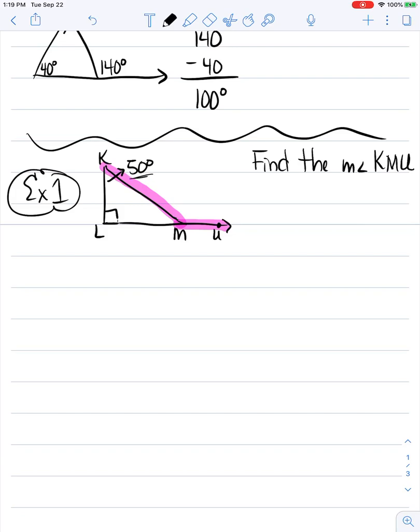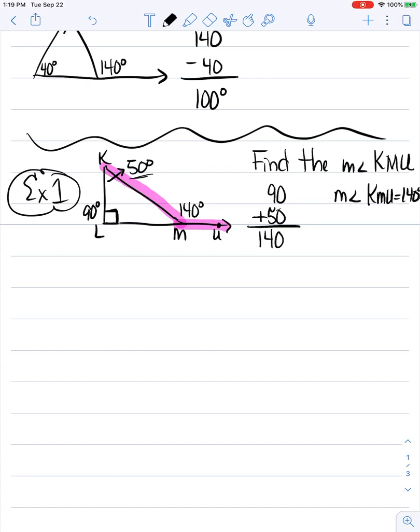They say this one is 50. And what does that block mean? Remember, that means that's 90 degrees. The rule says I take the two inside angles, add them together, and it gives me the outside angle. So the measure of angle KMU is 140 degrees. I'm going to put that right there as well.